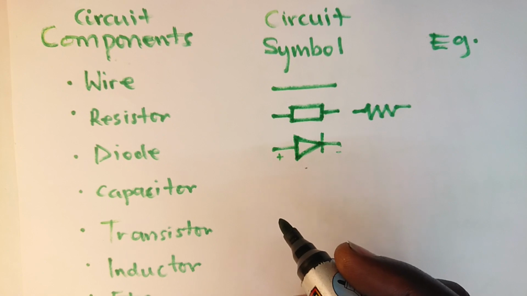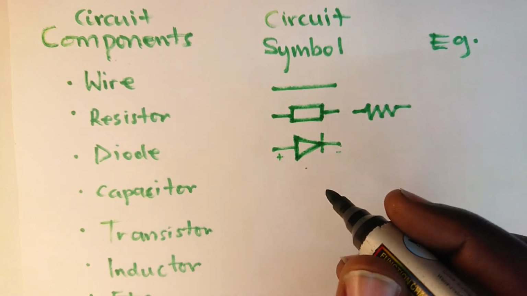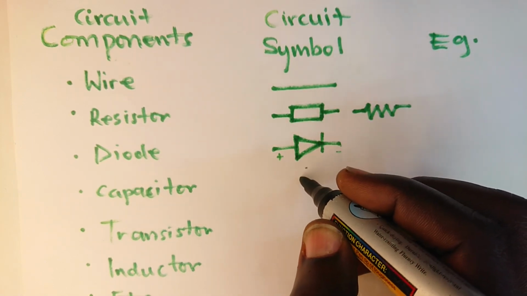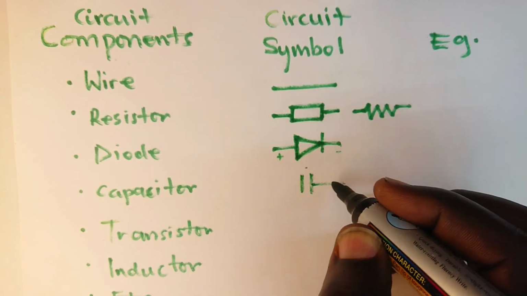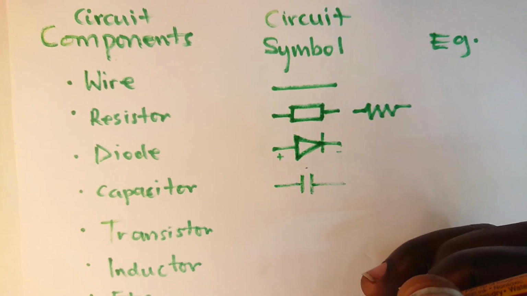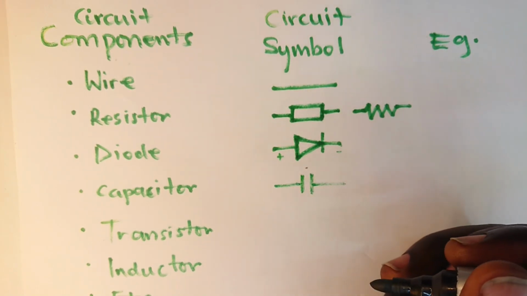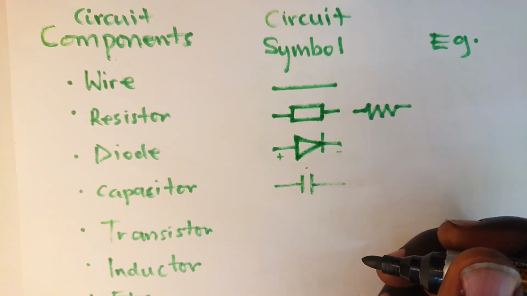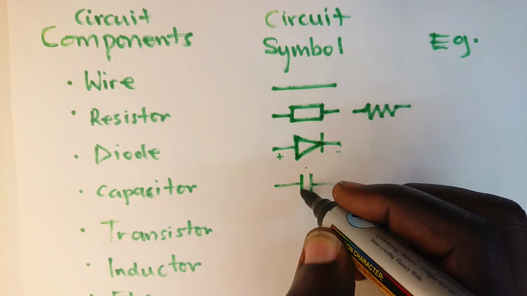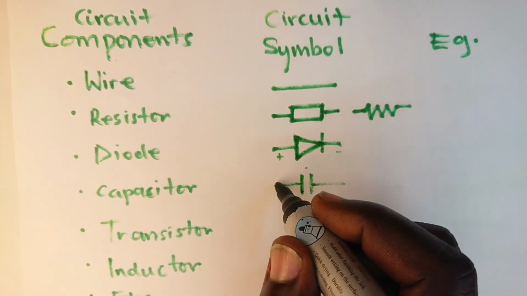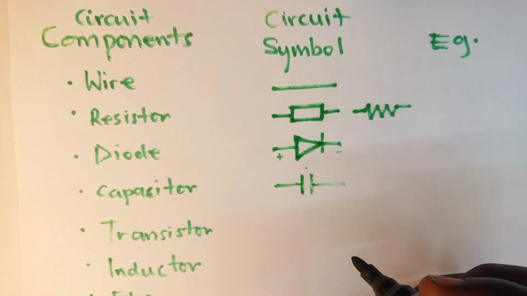Now that brings us to the third thing, that is a capacitor. Now capacitors are usually just two parallel lines. That's the symbol. Now a capacitor also tends to have terminals, and if you look at the very common capacitors, you will find that it has positive and negative terminals.